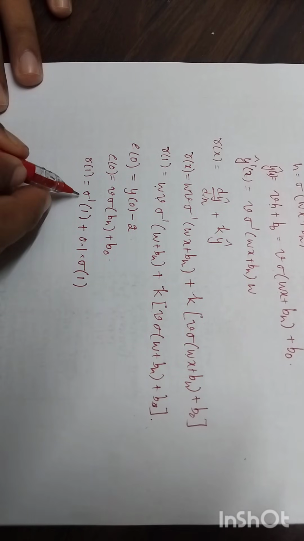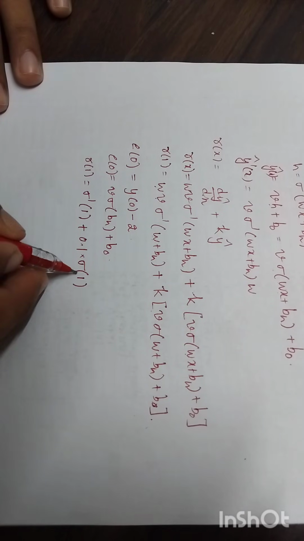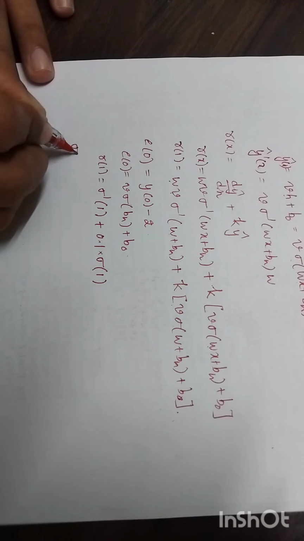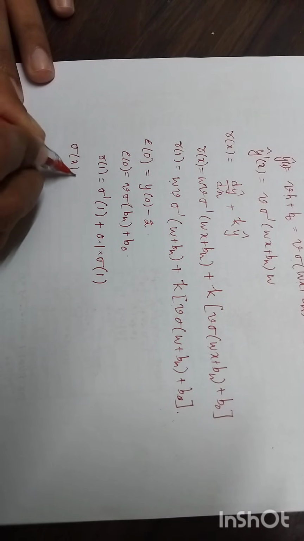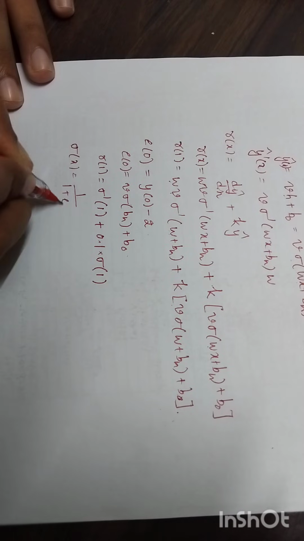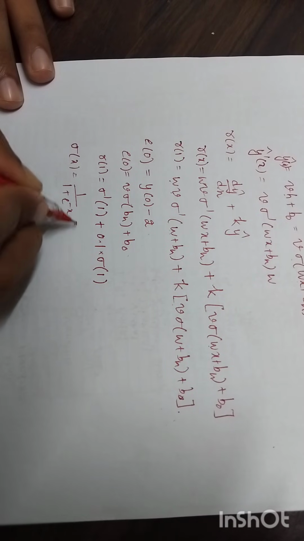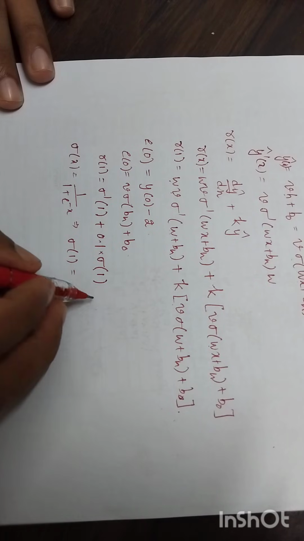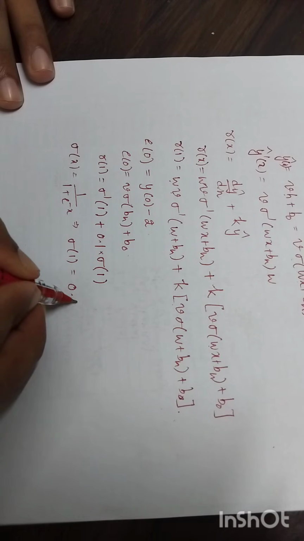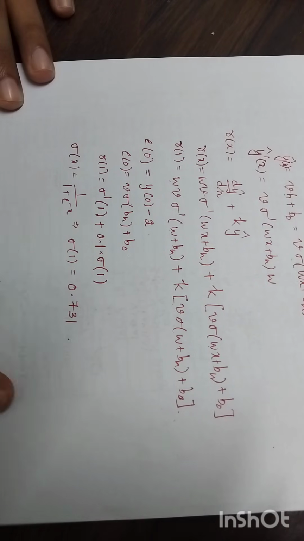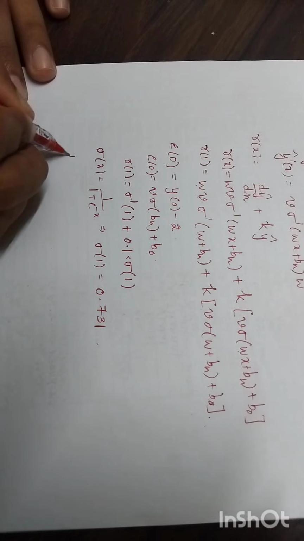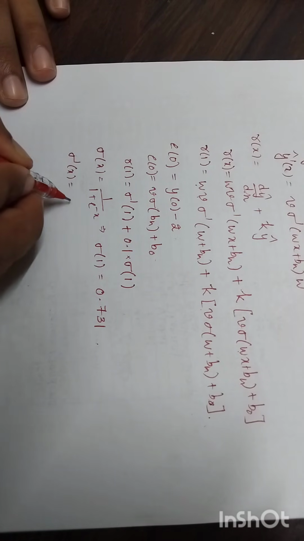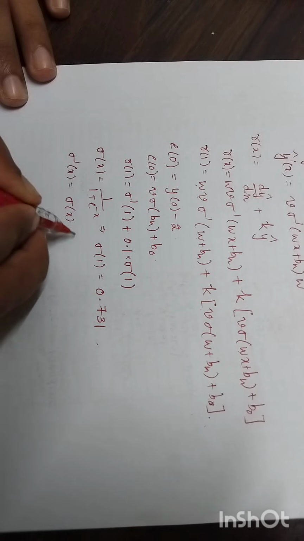So now we need the value of sigma of 1 and sigma dash of 1. Let us calculate. We know sigma of x is 1 by 1 plus e power minus x, which implies sigma of 1 would come to 0.731. Then sigma dash of x is, as we have known from the class, sigma of x into 1 minus sigma of x.